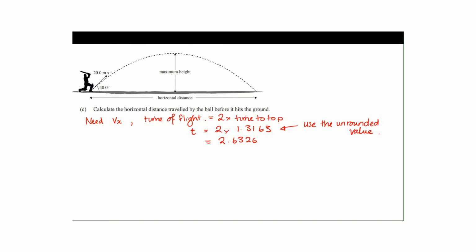This time we should use the unrounded value. The first time we used the 12.9 because that was given to us. This time there's been nothing given to us, so we'll use the unrounded value. We need to calculate Vx. For this, we need to go back to our triangle from the beginning. And this time, we're calculating the horizontal component.